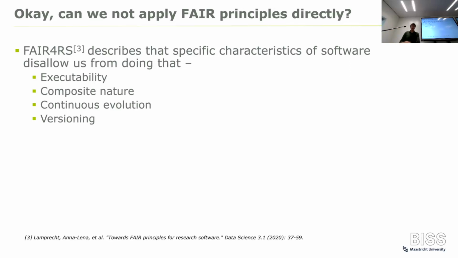In addition, it's also evolving continuously. Today, the software you have developed caters to one particular type of input, but tomorrow if the input changes, you have to change your code to cater to that. That leads to versioning of the system itself. When you apply FAIR principles to data, you might say, isn't data also evolving? Which is true. So there is a thin line between data and software in terms of versioning. But when it comes to executability, I think there's a huge difference between data and software.